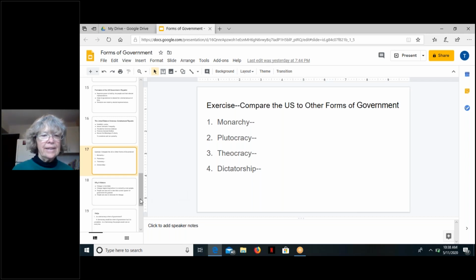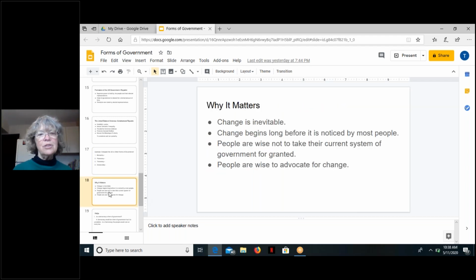Okay, thanks. I think all those comments really reinforced why it matters that we learn about forms of government and are able to see how governments change, because we know that change is inevitable. And as Chris said in many of his responses to the previous questions, change begins long before it's noticed by most people.